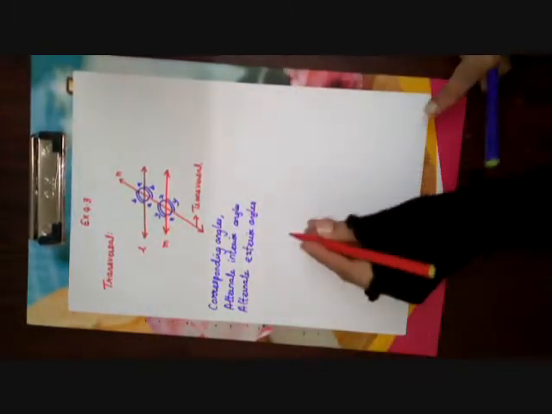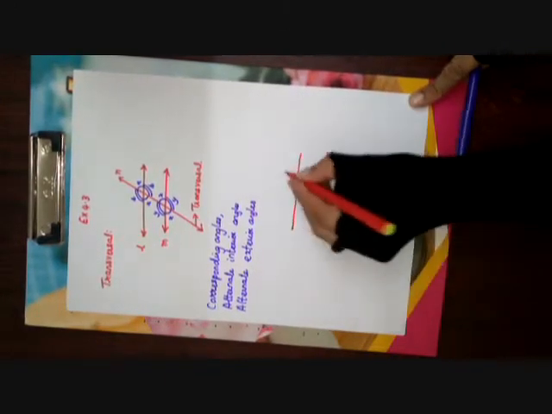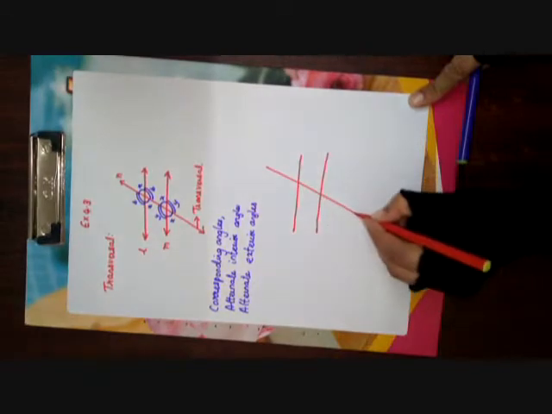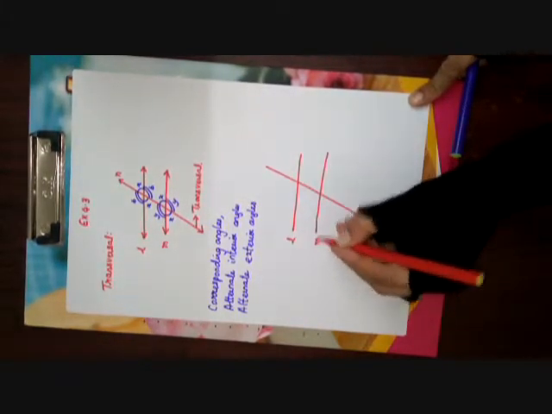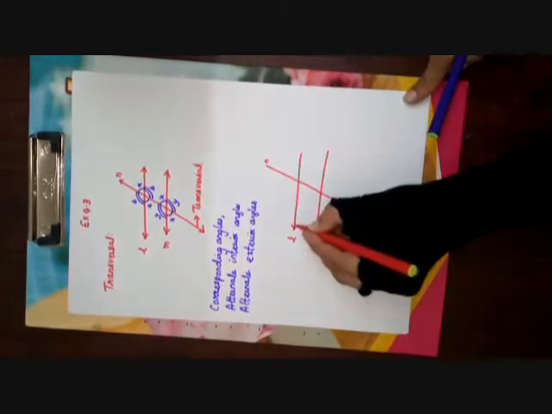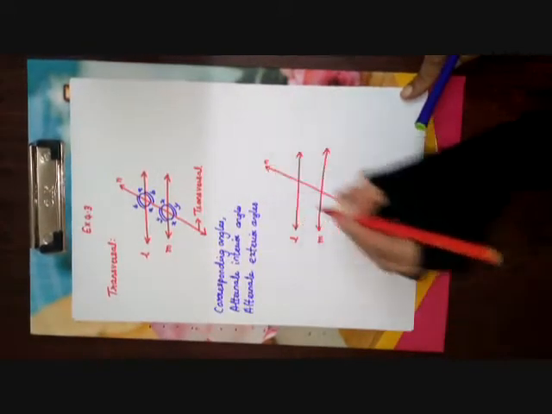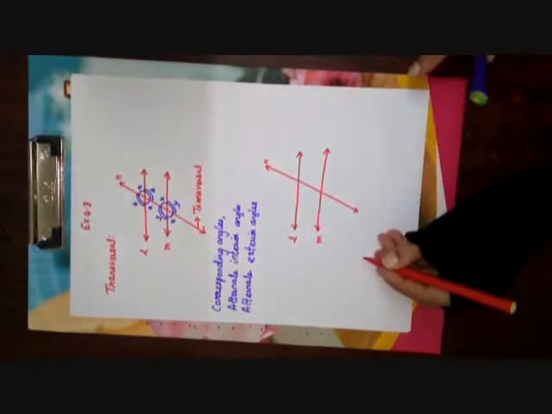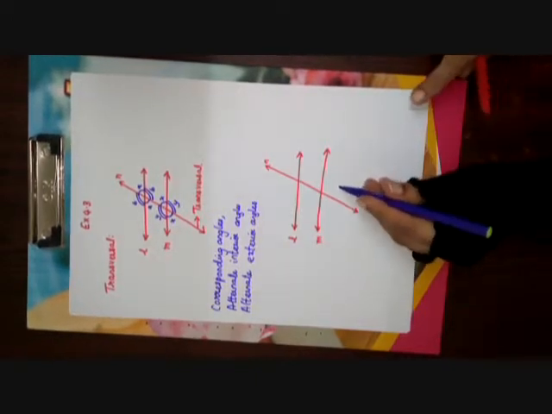See, for example, let us draw once again a set of parallel lines being cut by a transversal. Let us name them L, M and N. Okay, these are lines, children. Now, based on their positions, we have different angles. You know what is interior and what is exterior? Interior means the angles that are inside the parallel lines.